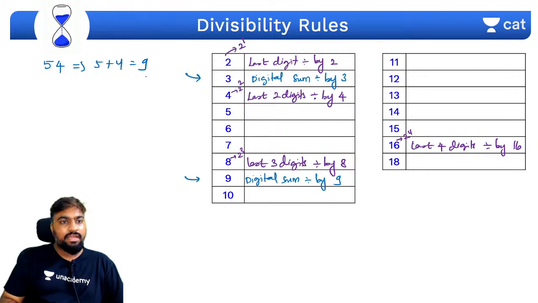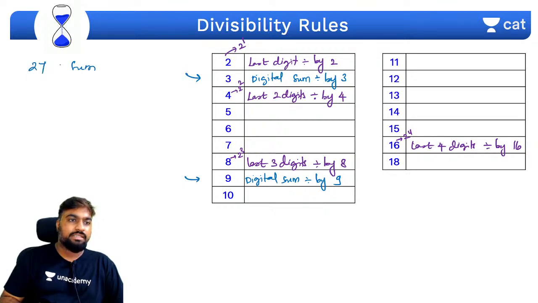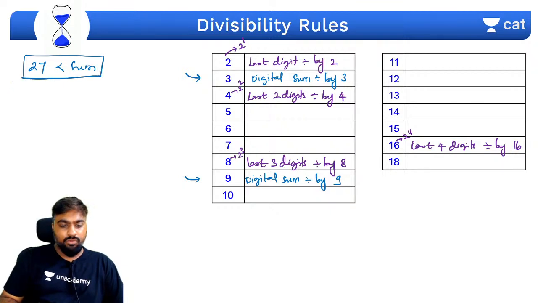Is 9 divisible by 27? No, it is not, right? So that confusion comes into picture, right? So with bigger numbers you have to be careful. It will work there also, but provided you get a number greater than 27 as the sum. Yes, the sum must be greater than 27, then it will work. Cool.